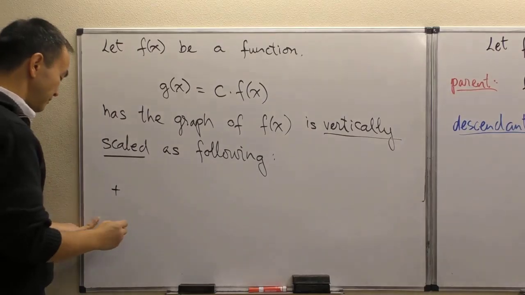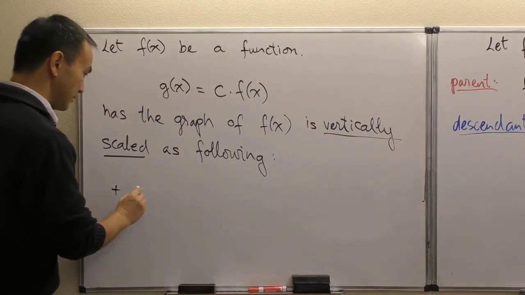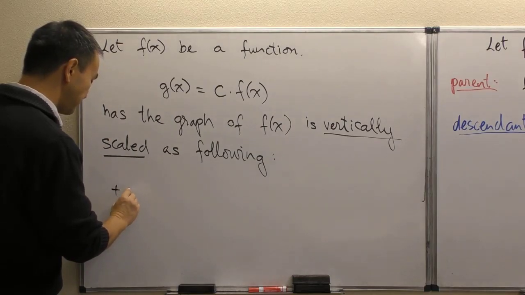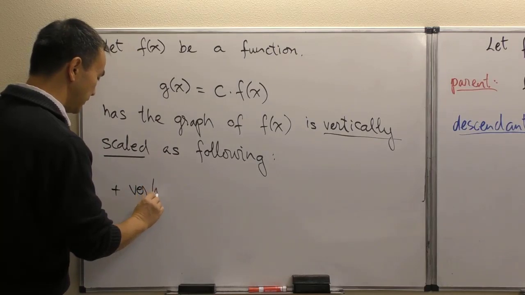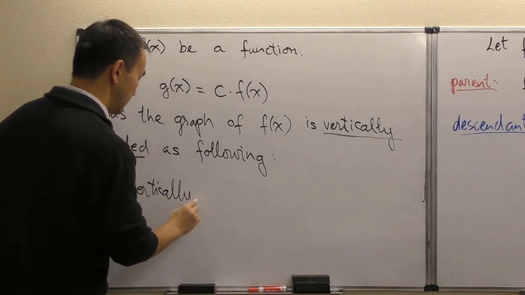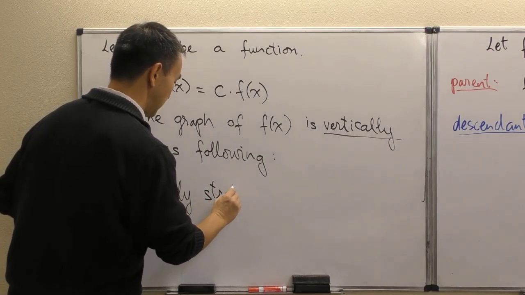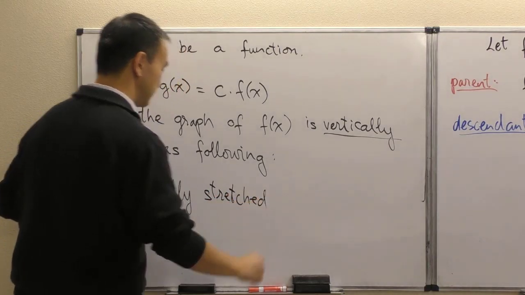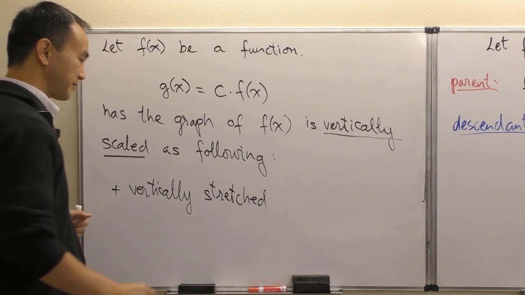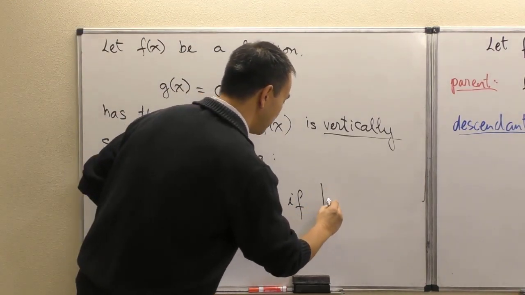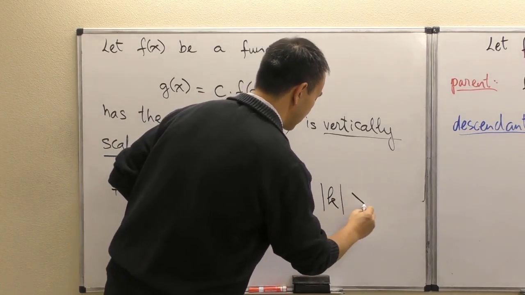So vertically scaled, we're going to say it's vertically stretched if the absolute value of k is greater than 1.